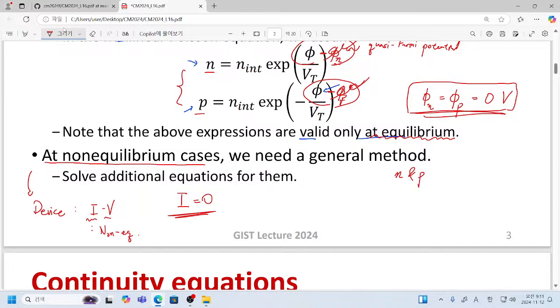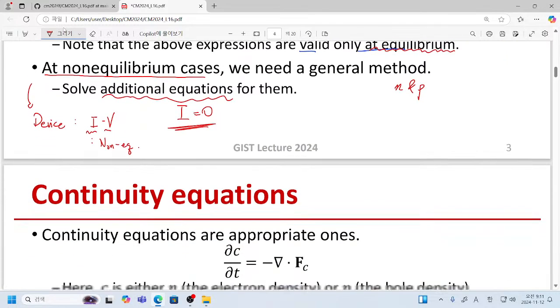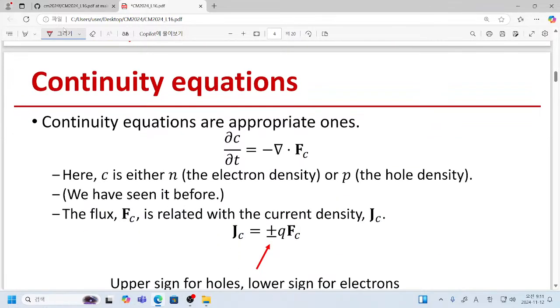The equilibrium expression is no longer valid, so we must solve additional equations for electrons and holes, and the answer is yes, we must solve a continuity equation.